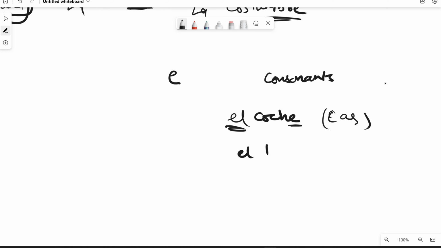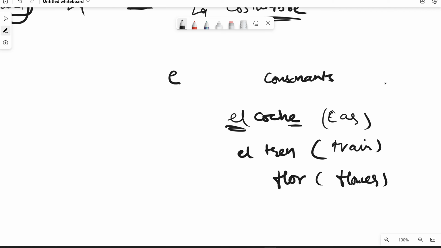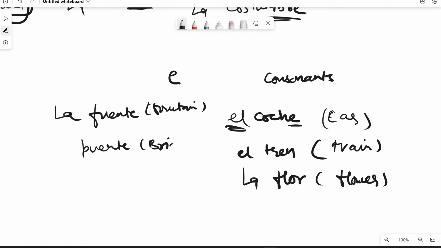Now there are some nouns that end in a consonant. For example, el tren. Again, it's a train, which is masculine, el tren. Flor, which is a flower, la flor. Fuente, which is a fountain, la fuente. Puente, which is a bridge, el puente.